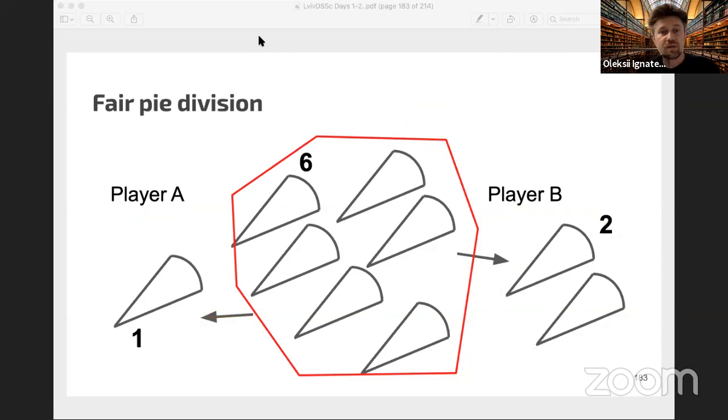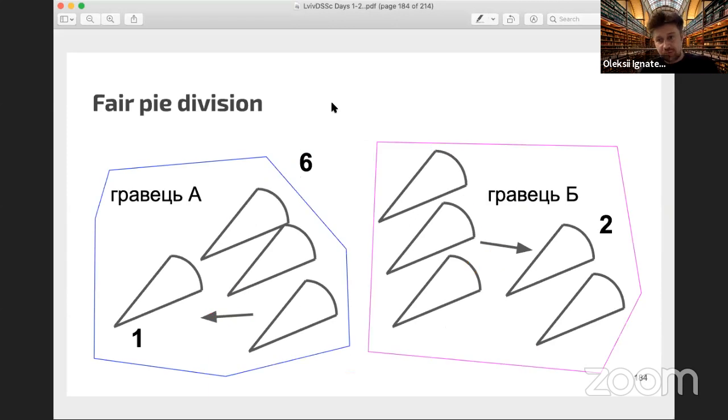Okay. So we divide pi equally, and then the first player will get 4 shares and the second player will get 5 shares. And this is the division according to pi, the fair pi division. It's called the principle of division.